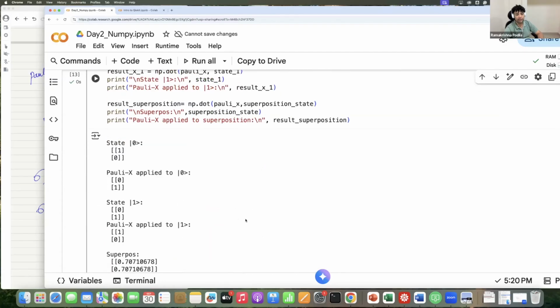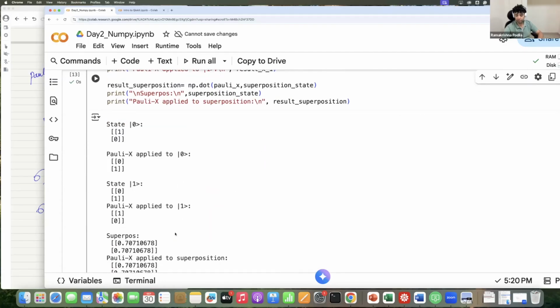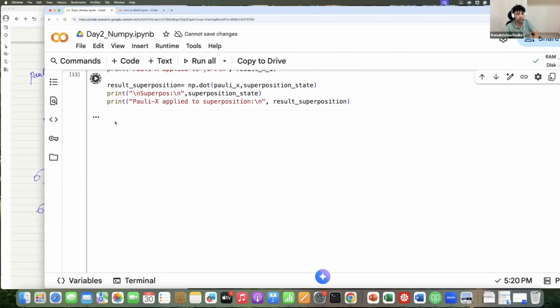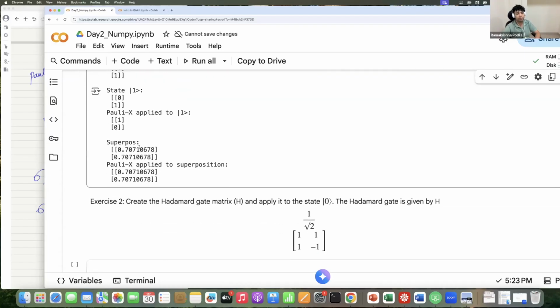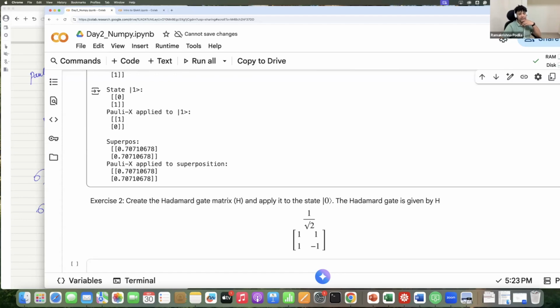So when you apply the Pauli X gate, before and after, it looks the same. Then the exercise for you is we're going to look at another gate called the Hadamard gate. Homework for you is to apply the Hadamard gate to state 0. The Hadamard gate is represented by a matrix like this.